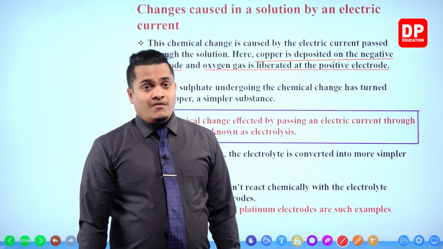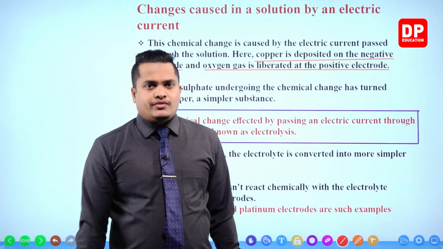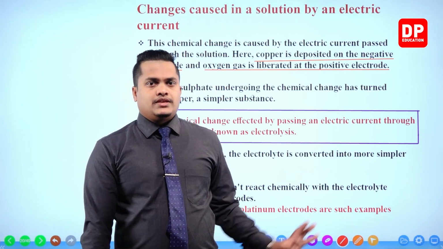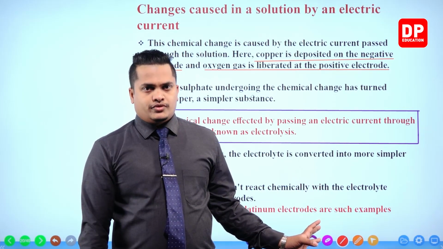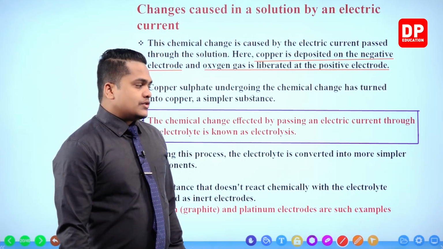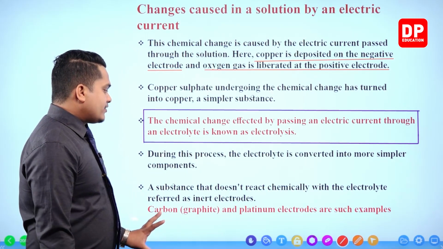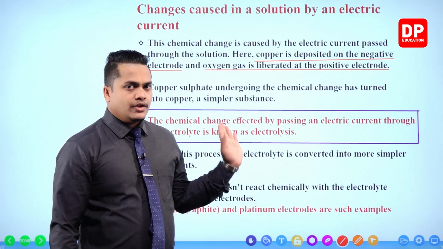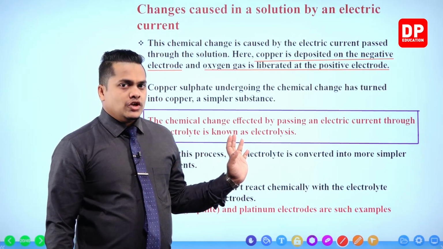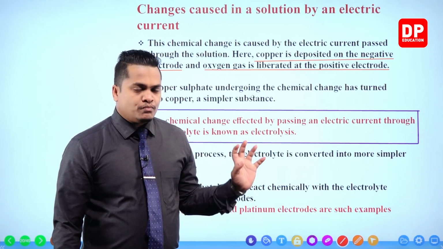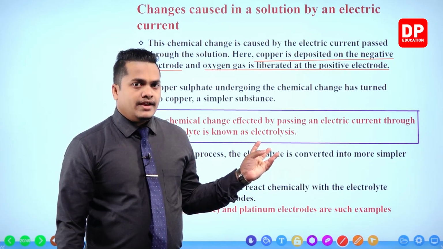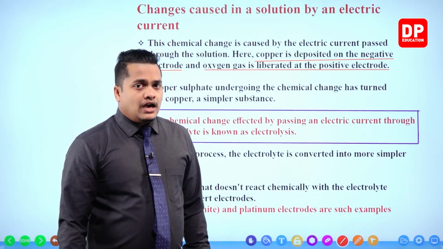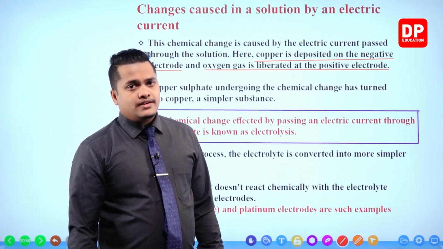However, platinum can also be used as an inert electrode, because it is not going to react with the solution. The electrodes that we use to provide electricity should not react with the solution during the electrolysis process. So these electrodes are referred to as inert electrodes.